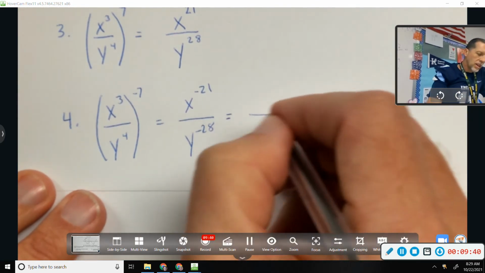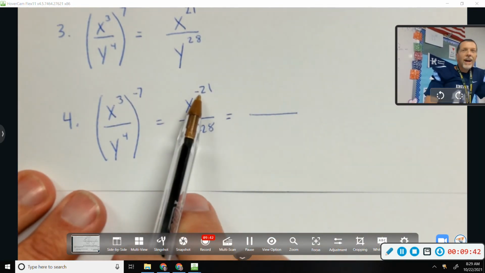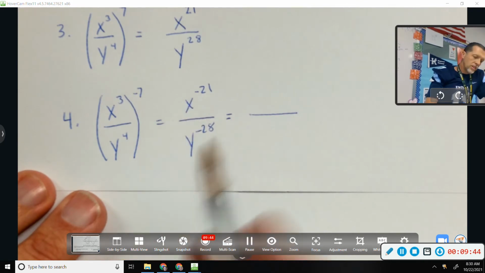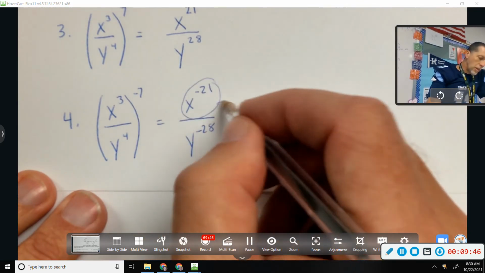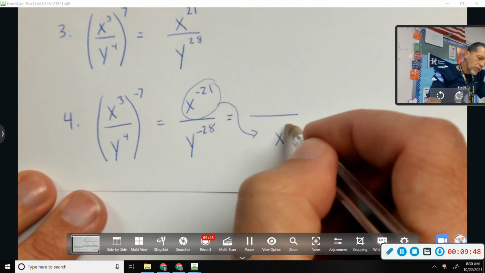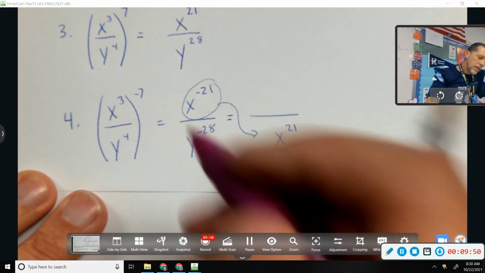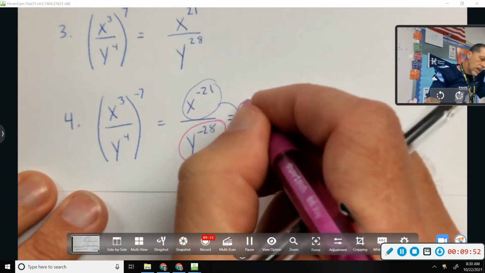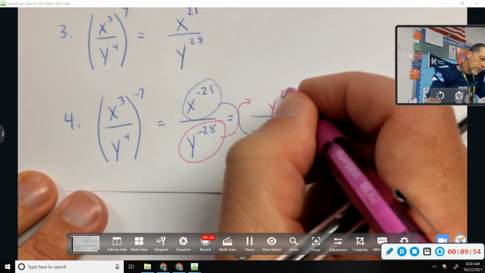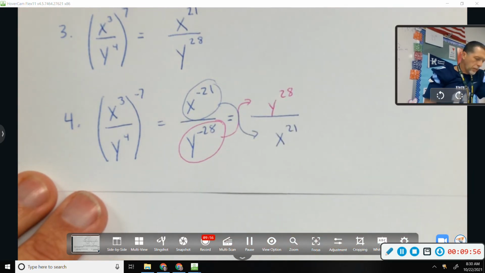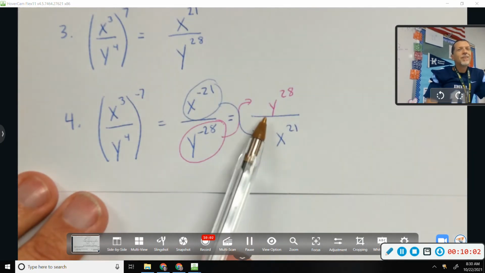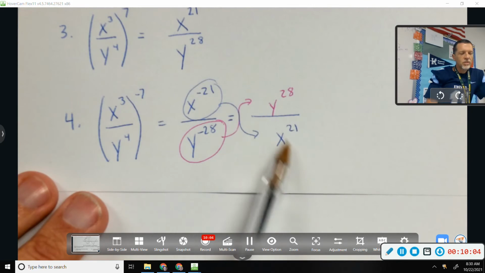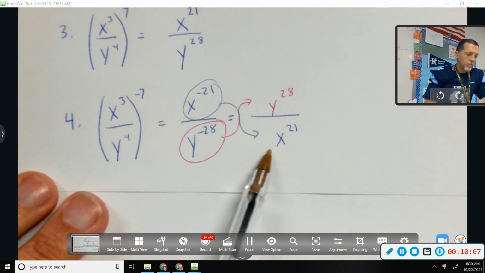But then, if it has a negative exponent, it flips over. Flip them both over. So x to the 21 in the bottom, y to the 28 in the top. And then what do you subtract? Those are two different variables. So if they were both x's, you would subtract them.